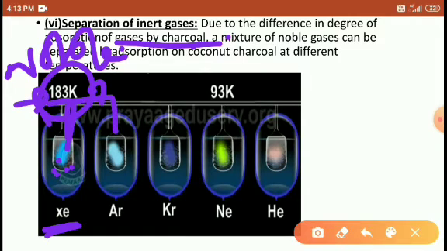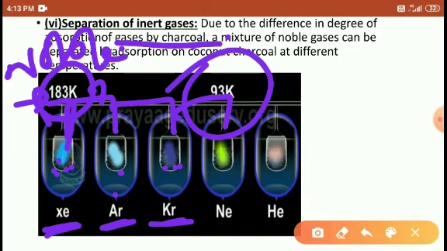Here we apply some specific temperature, then argon is adsorbed. Again unadsorbed particles move toward the next chamber. So this activated charcoal adsorbs the krypton. Right students? Again unadsorbed gas moves toward the next chamber. In this next chamber, when we apply 93 Kelvin temperature, it adsorbs the neon.